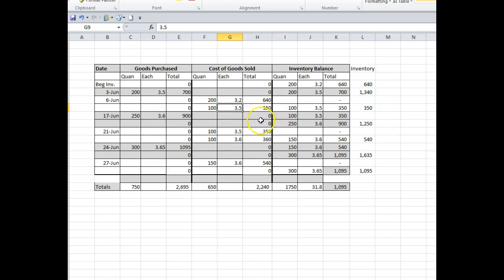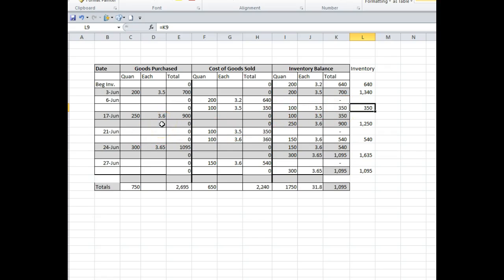So if we look at our inventory, I've taken 300 out, I had 400, so that means the last 100 is still in inventory at 350, and that's worth $350, and our inventory total is 350. So this layer is all we have in inventory at this time.